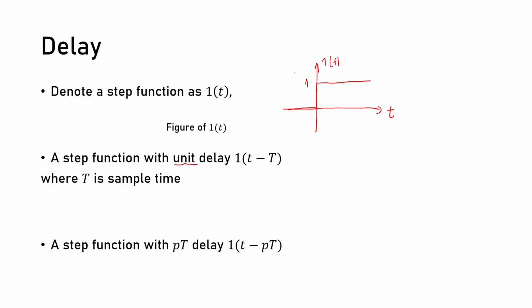And as you can see the notation here. Let me review the expression in arithmetic form. 1 of t equals 1 when t is greater than or equal to 0, and 1 of t equals 0 when t is less than 0, negative.